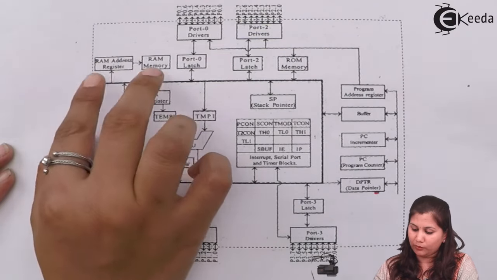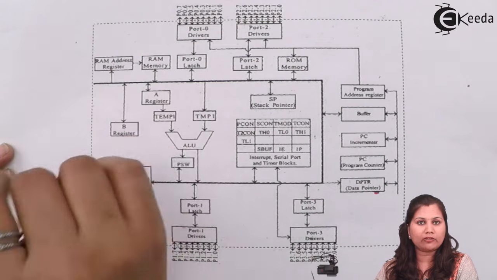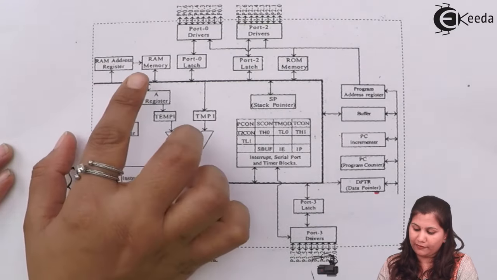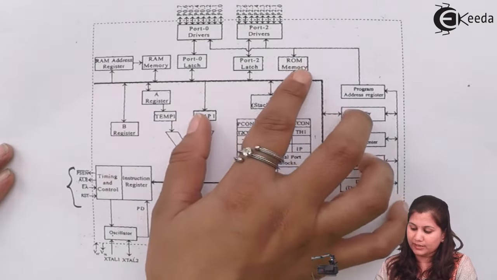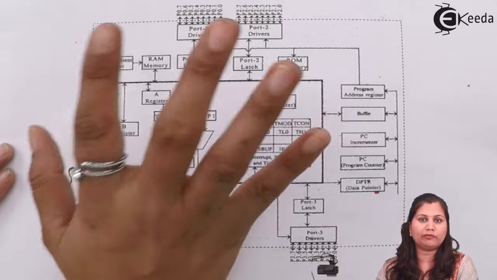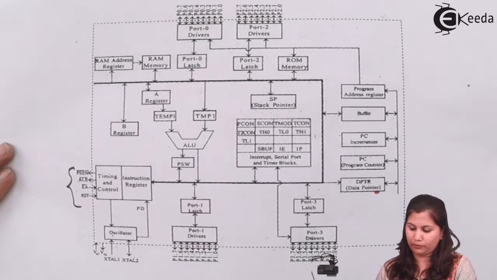So here we have the blocks for ROM and RAM. Because we can address the RAM, we have a RAM address register also, but we cannot address the ROM, it is only for reading purpose, so it has only one block. Okay, so let's study the memory organization in 8051.